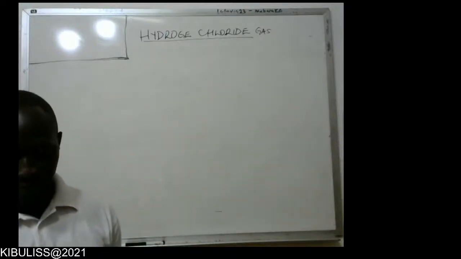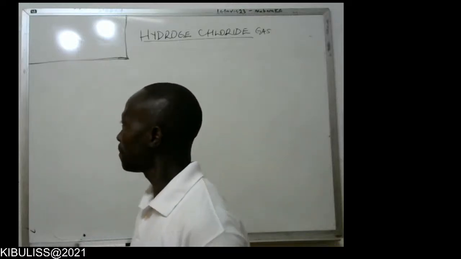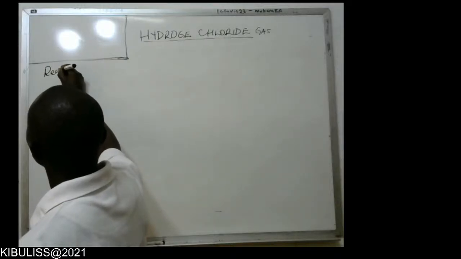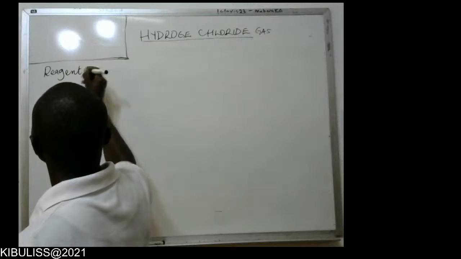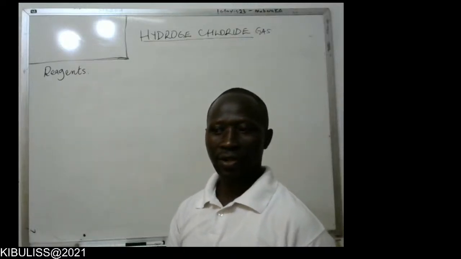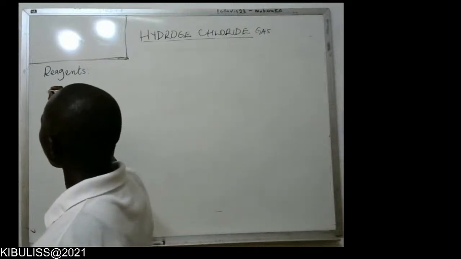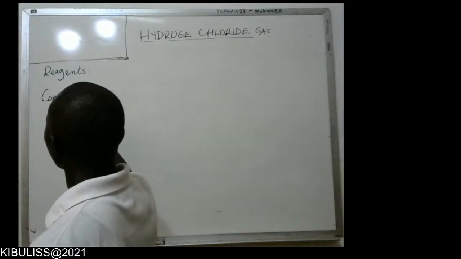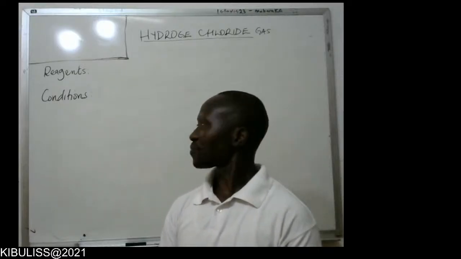In a major setting, ladies and gentlemen, number one, we must identify the reagents required to prepare hydrogen chloride gas. We must be in position to understand and identify the conditions that must be fulfilled in order for the reaction to take place.